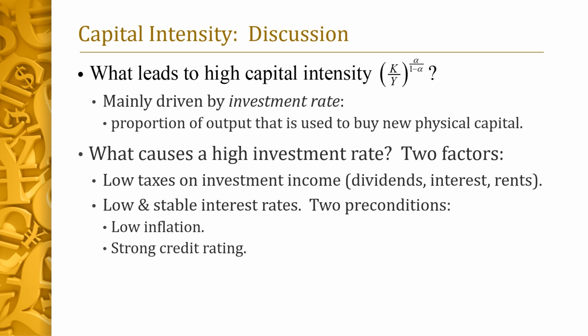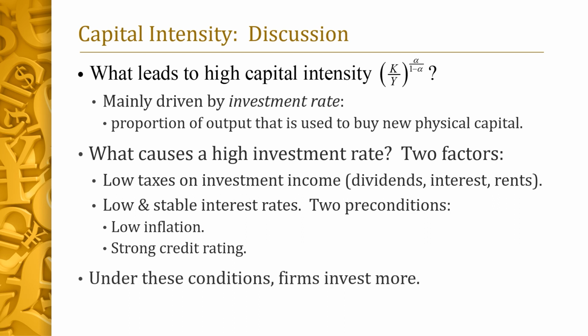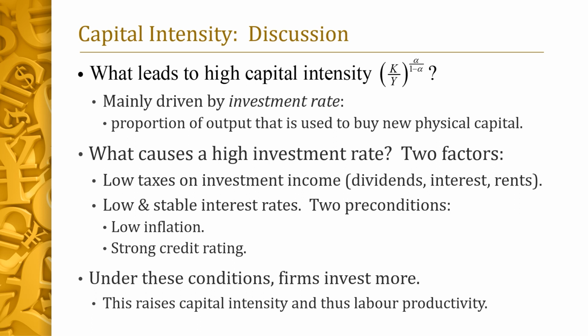The second is a strong credit rating of the government. This lets the country borrow without having to pay high interest rates. With these conditions in place, a country's firms will invest more in physical capital. In the long run, such investments will raise the country's capital intensity and thus also its labor productivity.